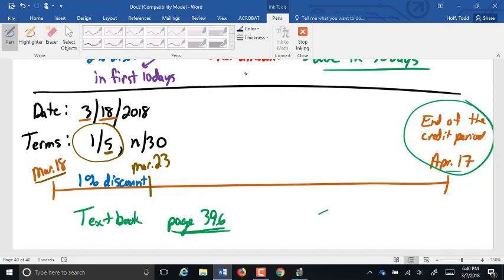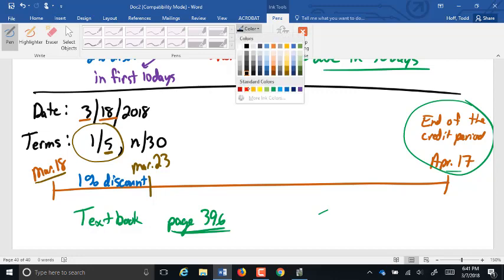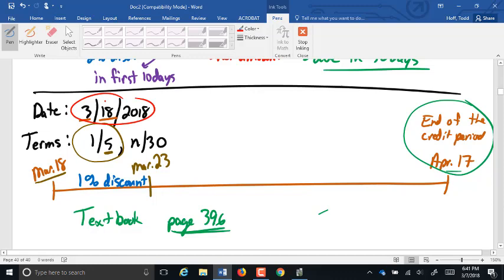So looking on this, I can find what day of the year any date is. So for this problem, I would look up March 18th first. That is my invoice date. March 18th, if I look on there, I find March on the top of the table.